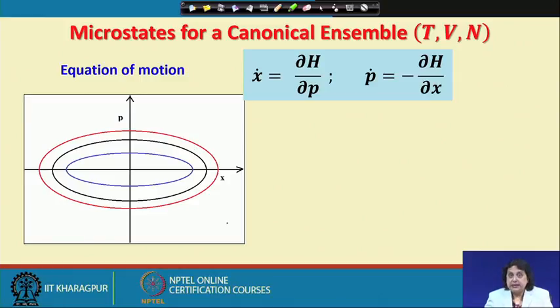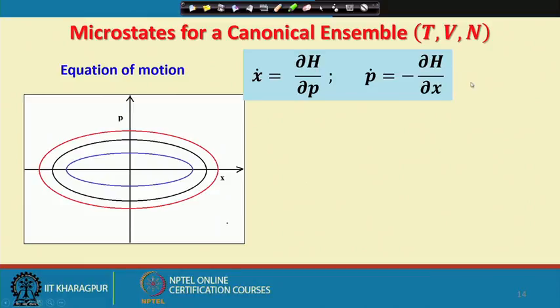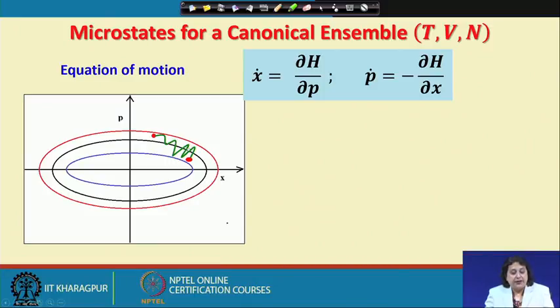If you want to go through the molecular dynamics route and find out the different values of x and p that represent the microscopic states of this system, you will have to solve the Hamiltonian equations of motion, and they are going to give you solutions like this. Initially you started from here, then the trajectory, which is a succession of intermediate time positions, after a certain time will bring you here, and then probably farther.